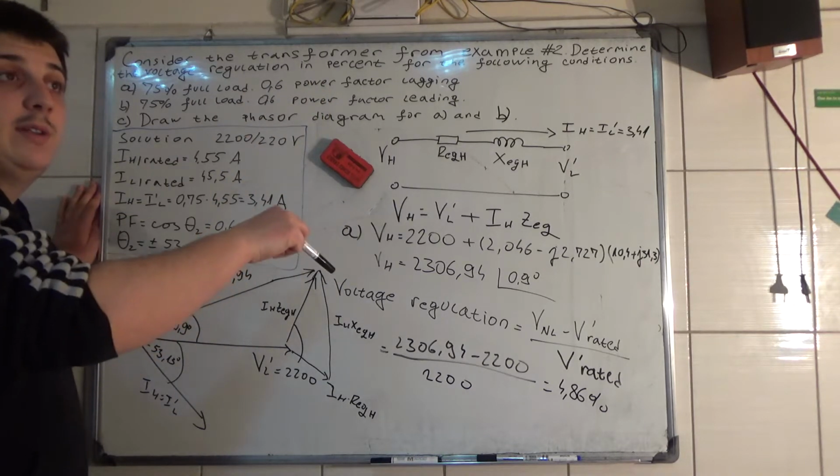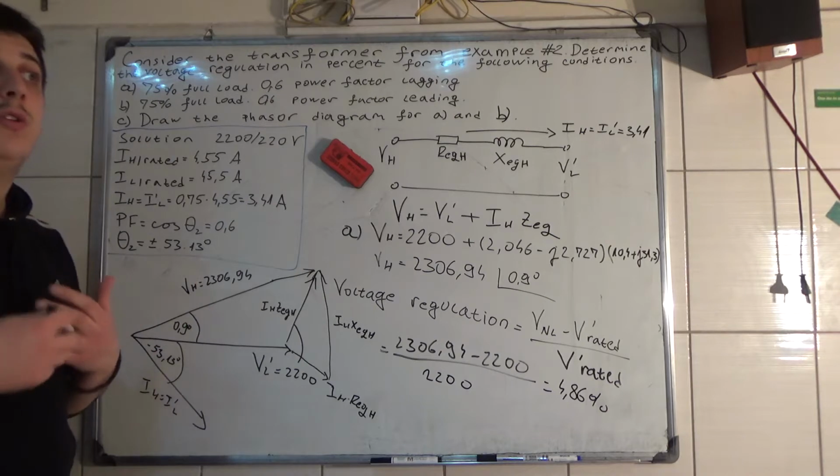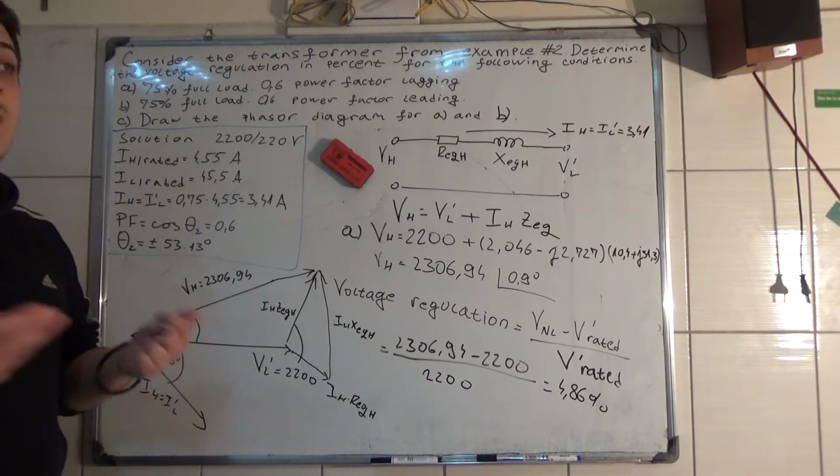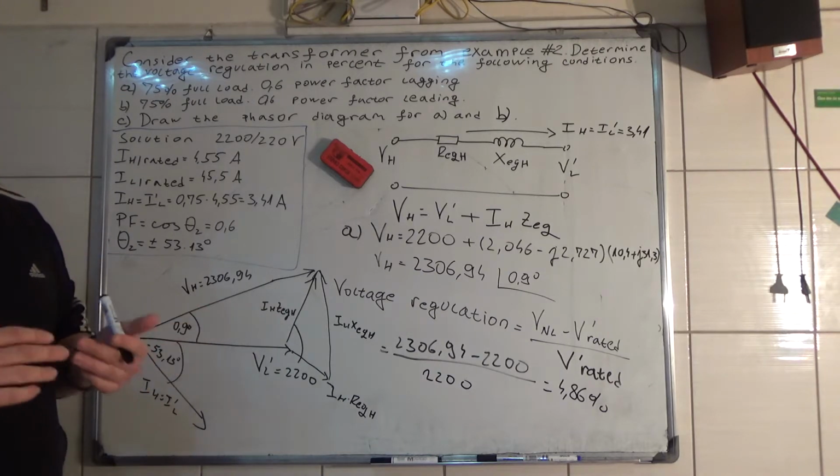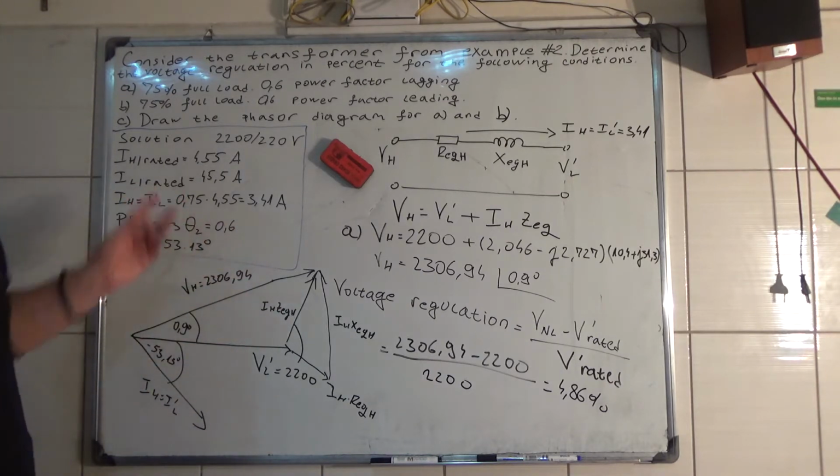230.694 to 220, because all your motors, fans, everything you have in your household, if you are in Europe, works on 220 volts, for example.